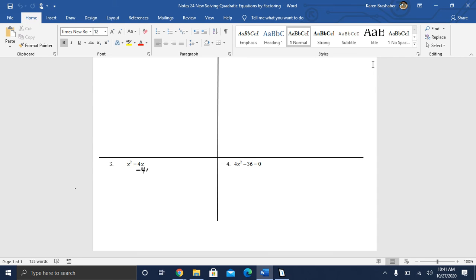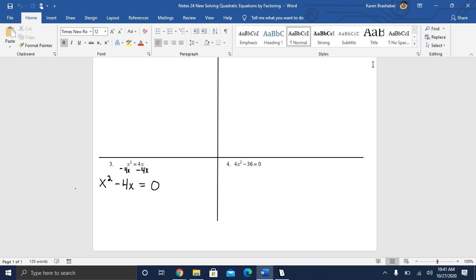So we would want to subtract 4x from both sides of the equal sign. They're not like terms, so we just have to write them side by side. x squared minus 4x equals 0. Now I'm noticing that I only have two terms, and I do not have perfect squares.